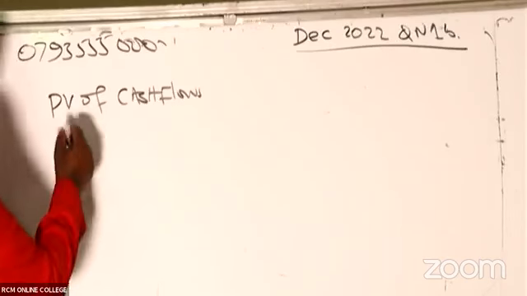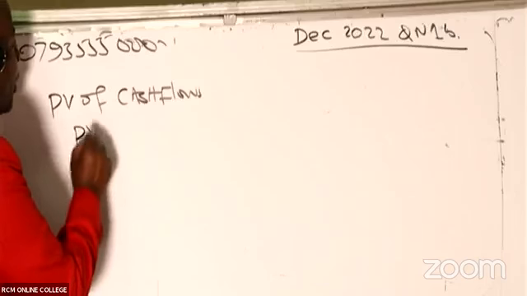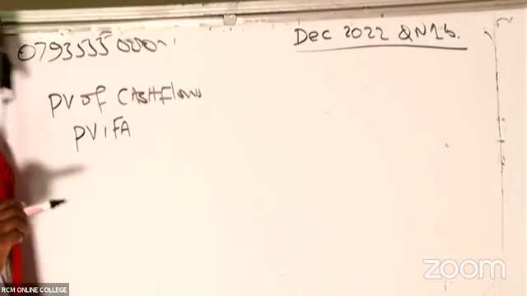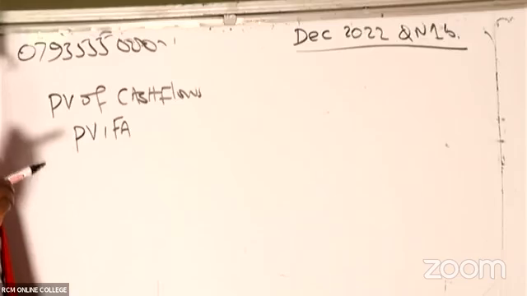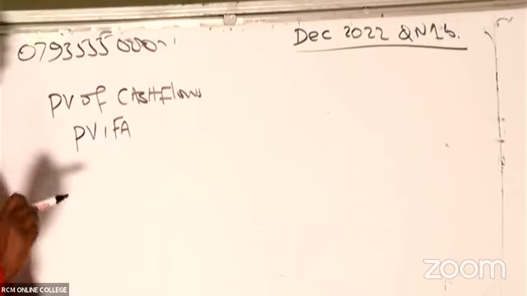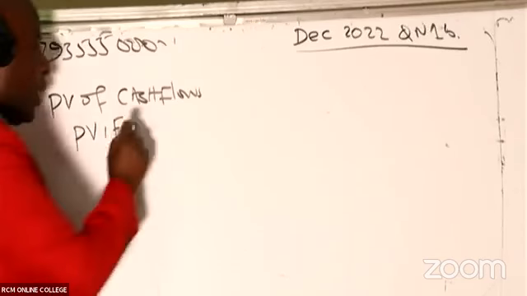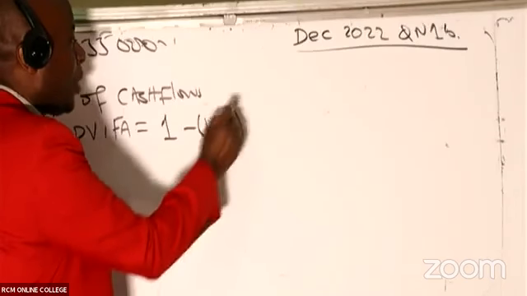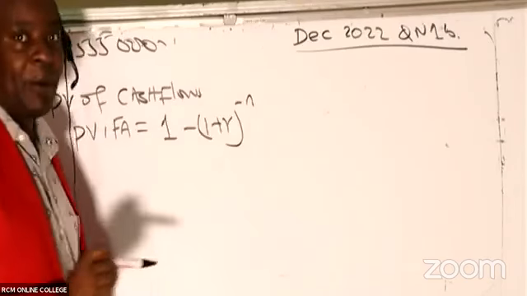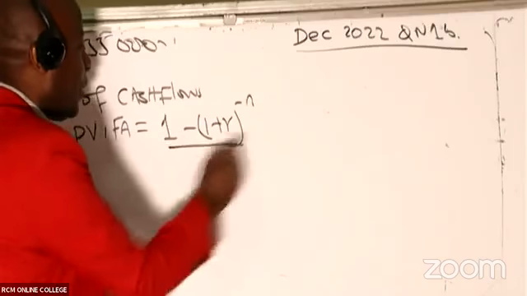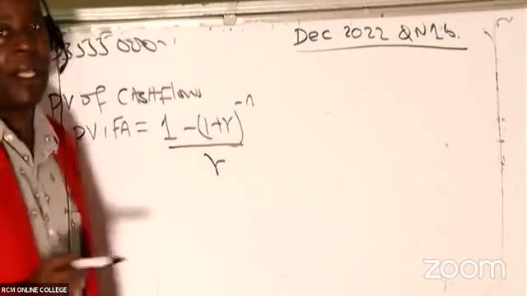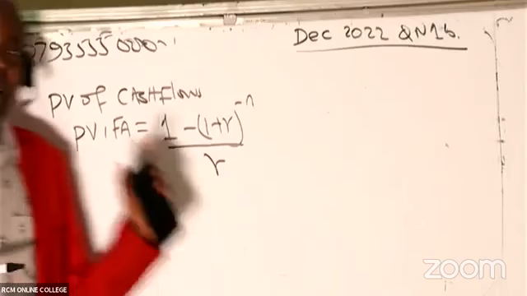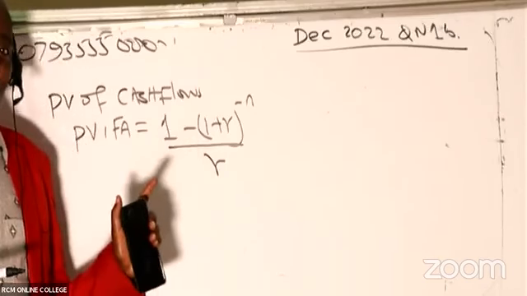So the very first thing that I would expect my students to do, because this will never be given to you in AFR, is to calculate the PV interest factor of an annuity. And we know the formula. It is 1 minus 1 plus R raised to negative number of years, and then you divide everything by R. Remember, R is the cost of capital, which is 15%.